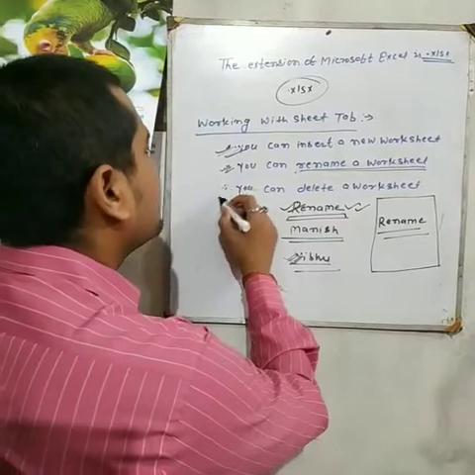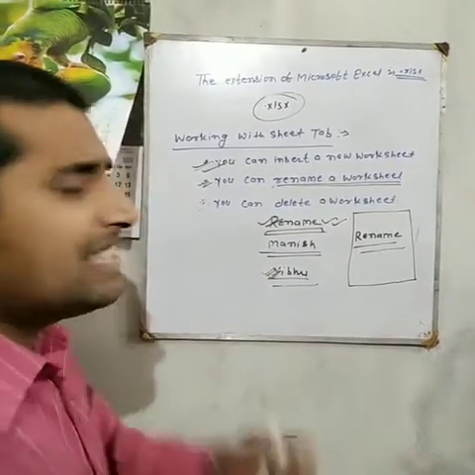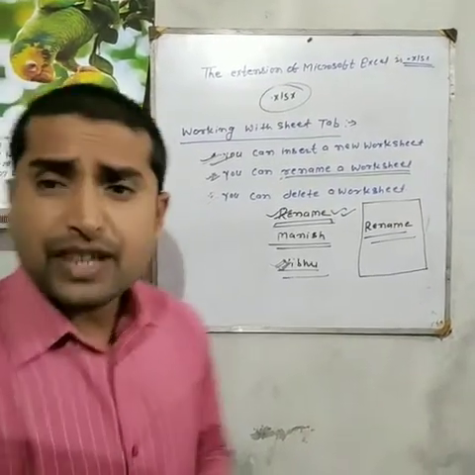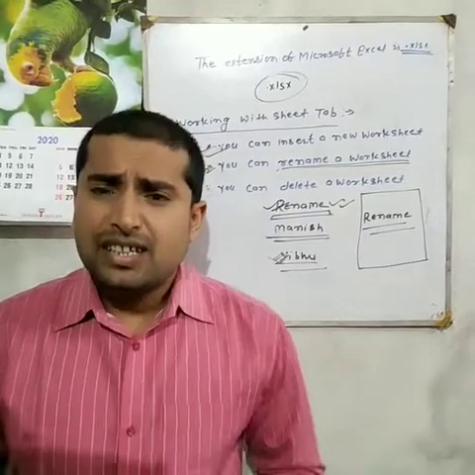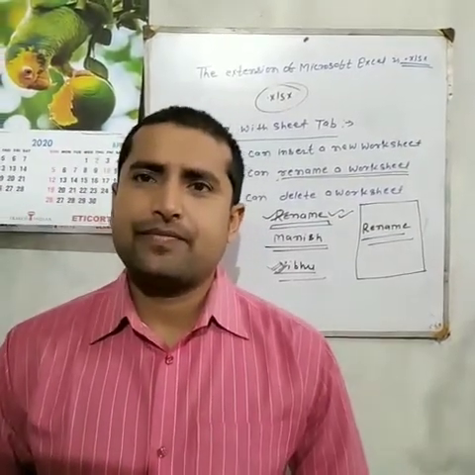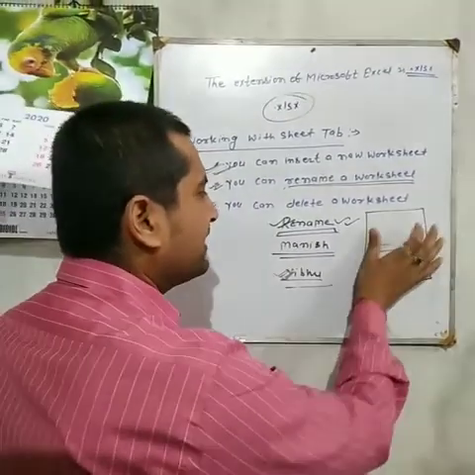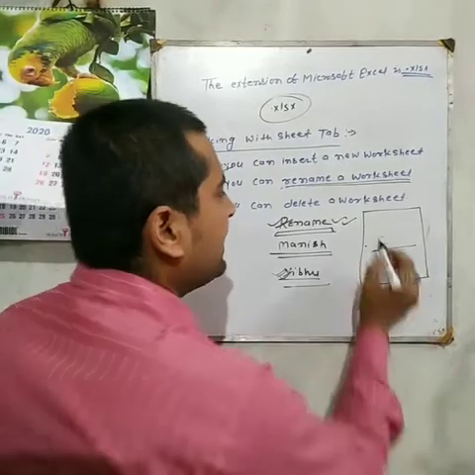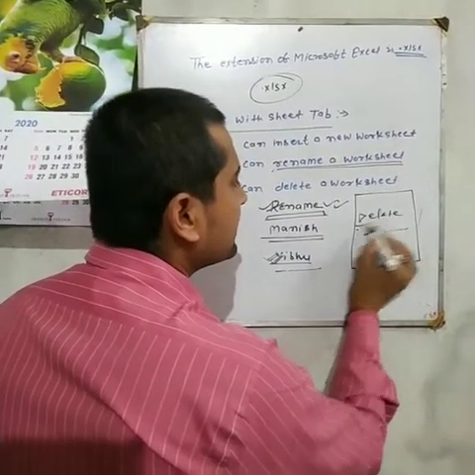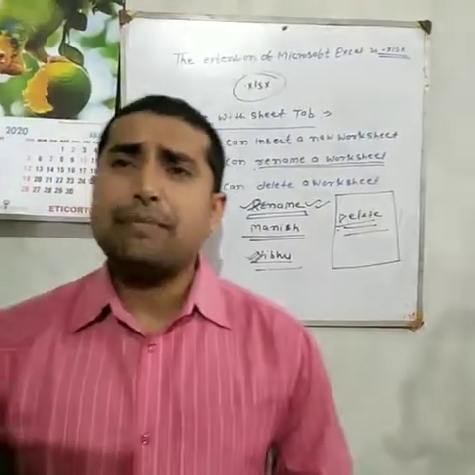Next topic is you can delete a worksheet. How can you delete a worksheet under MS Excel? So from the Sheet tab, right click on mouse button. Then a pop-up menu appears like this one. Click on delete. Then a dialog box appears with a message.